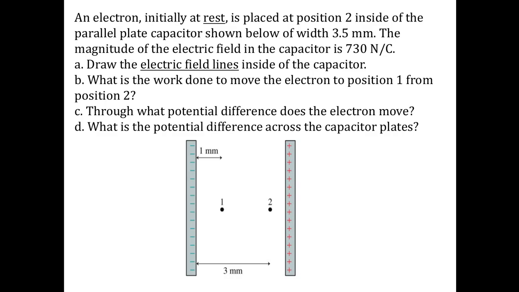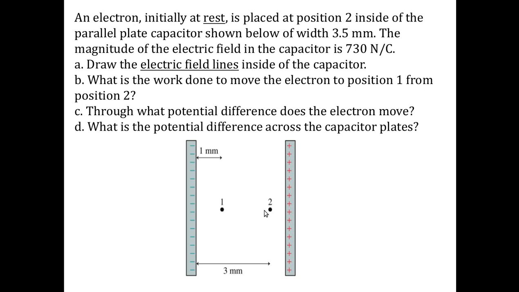Part B says, what is the work done to move the electron to position 1 from position 2? Now the question here is, work done by what? I'm looking at this problem and I see that there's an electron that's moving towards the negative plate. That tells me that something other than the parallel plate system is doing work.